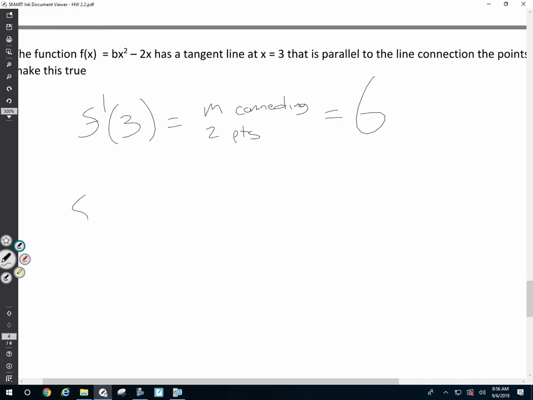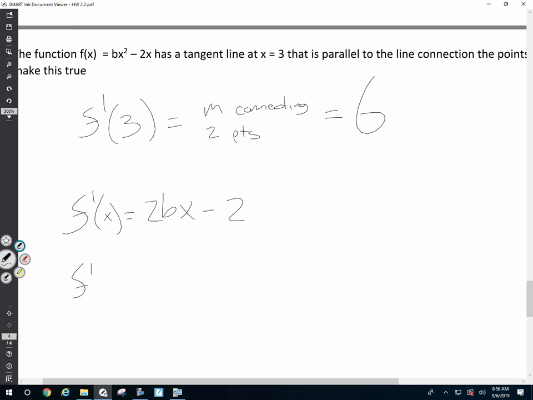This slope generator for f, now b is just a number, so I would take the 2, bring it down, it'd be 2bx minus 2, the tangent slope generator for 2x. That tangent slope generator is what we have for f.